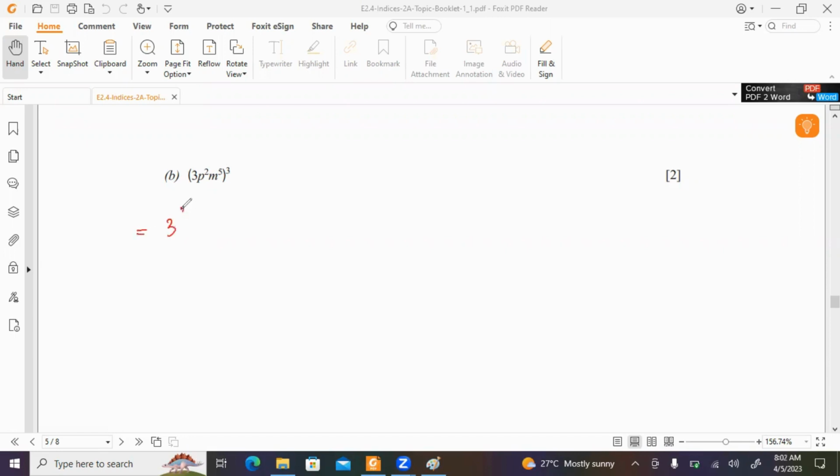So it's going to be 3 to the power of 3 times p squared to the power of 3 times m to the power of 5, then again power of 3. 3 cubed, 27. 2 times 3, 6. 5 times 3, 15. So 27, p to the power of 6, m to the power of 15.